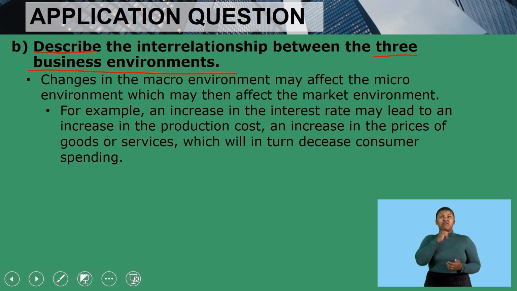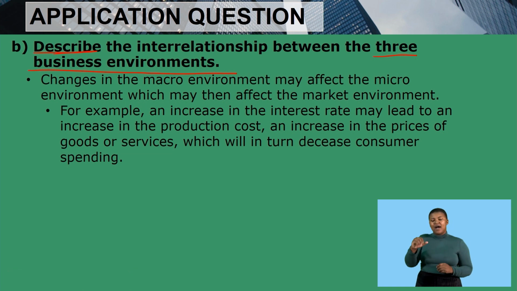So you can always start by saying changes in the macro environment may affect the micro environment, which may then affect the market environment. But then we are going to use an example. For example, an increase in the interest rate may lead to an increase in the production costs and an increase in our prices. And this means that then the consumer spending will decrease because consumers won't be happy to pay higher prices for our products.